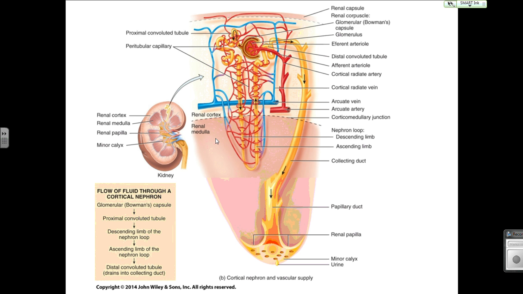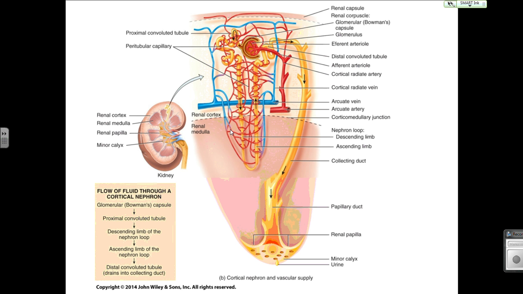We'll talk about this on Monday, but we pump out salt on this side, and we do so in the parts that are really thick, which you can't really see. The parts that are really thin, which you can see over here on the left side, are permeable to water, whereas these are not so much permeable to water.